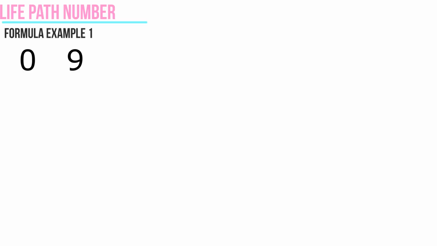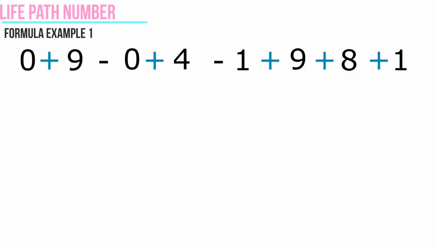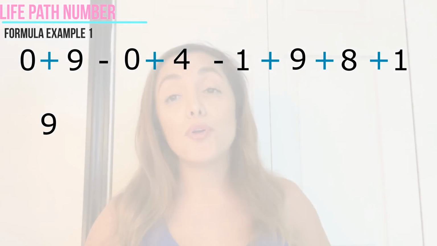So we'll go ahead and write out 09-04-1981, and I'm just using the zeros as placeholders. And now what we're going to do is add the 0 and the 9, which gives us 9, which is a single digit number or a root number, and that's perfect.